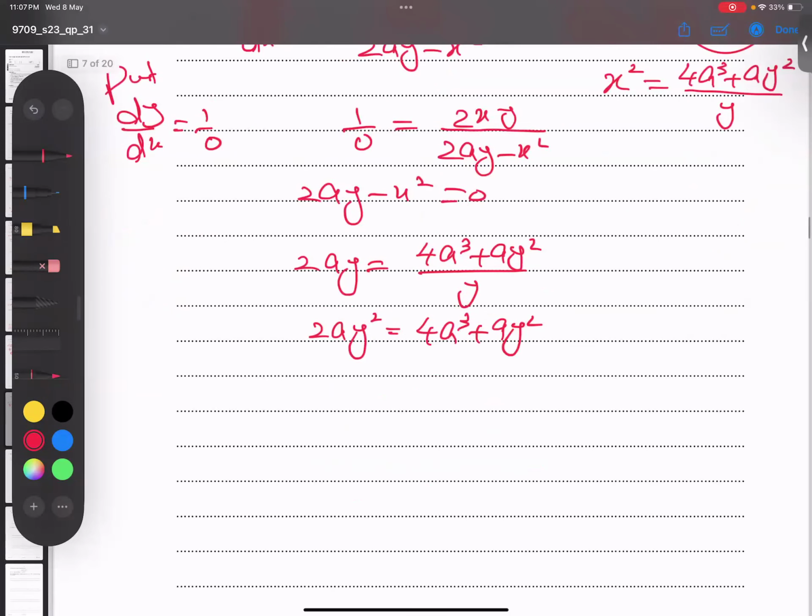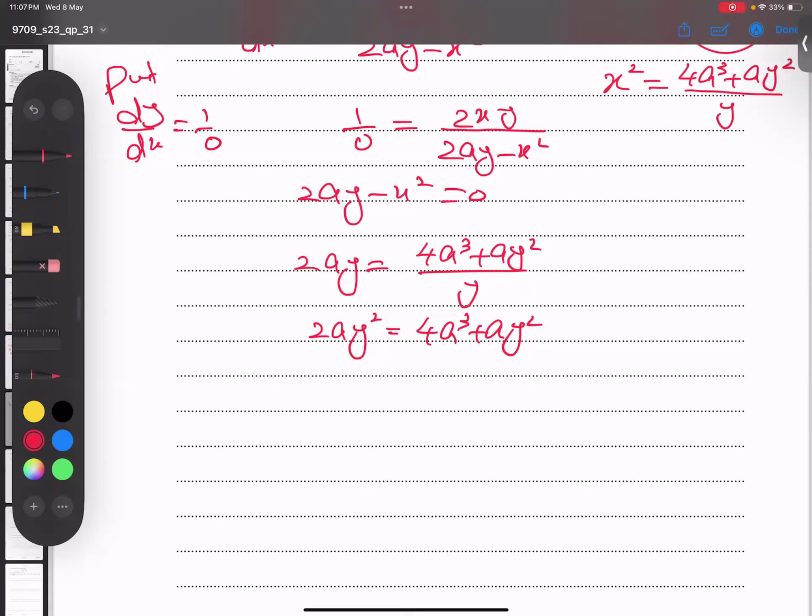Okay, students, this will come. I can bring it this way or that, no issue at all. So now how to proceed? Let me check it. Yes, this is a. Sorry, not 9, it looks like 9. Okay, this is a.